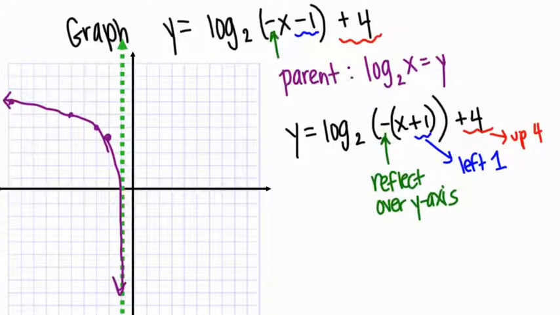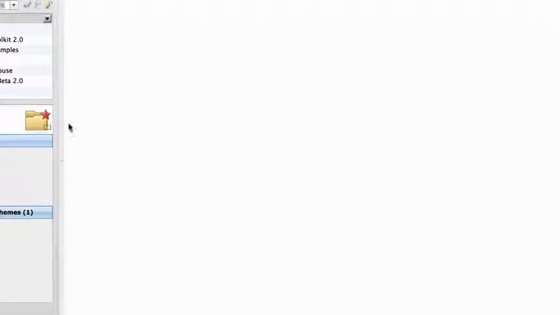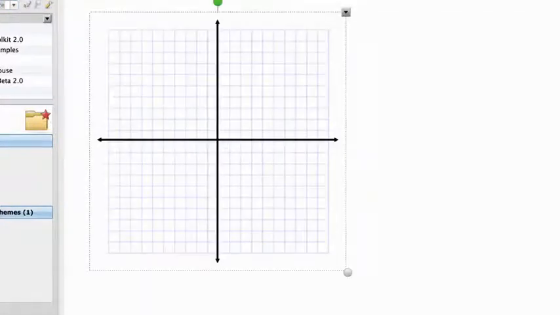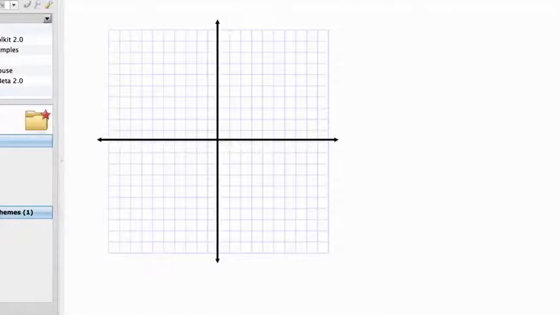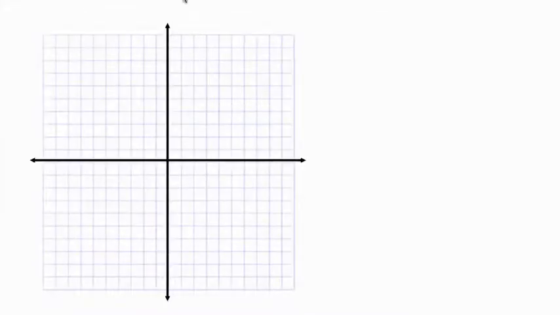Now let's say, I'm going to draw a graph for you here, and this is what I would like you to ponder: how would I write the equation for this graph right here? Let's say it has an asymptote of x equals 2.